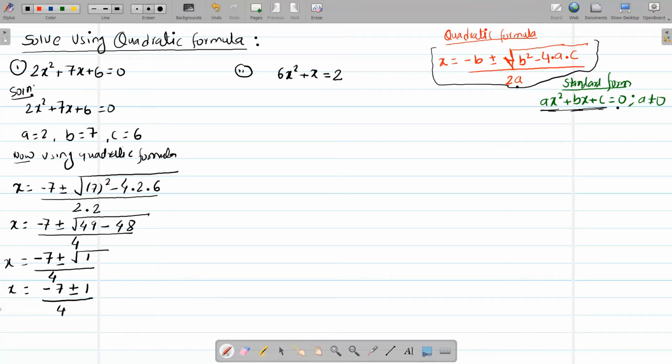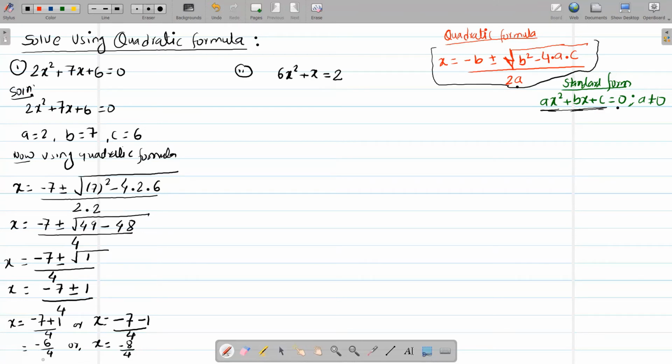Because you see plus or minus, that means x is supposed to have two values. So x is equal to negative 7 plus 1 over 4, or x is equal to negative 7 minus 1 over 4. If we solve this, we get x is equal to negative 7 plus 1 is negative 6 over 4, or x is equal to negative 7 minus 1 is negative 8 over 4.